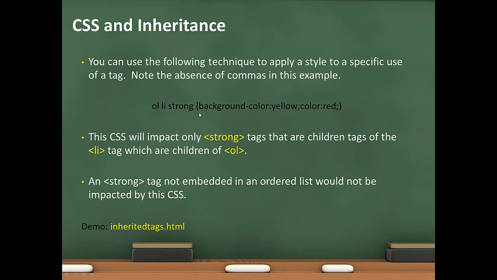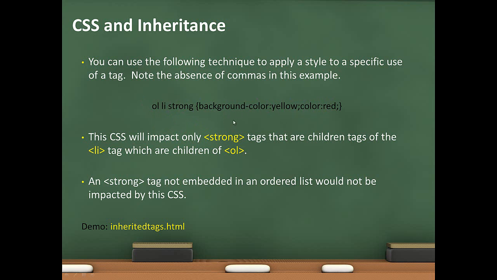What it says is the only tags that I want to apply this to is a strong tag that's used inside of an LI tag that is inside of an ordered list. So any other strong tag that I have anywhere in my document will not have any impact at all. But the moment that this CSS is applied, and this example would be an external or an embedded example, only the strong inside that list will be impacted.